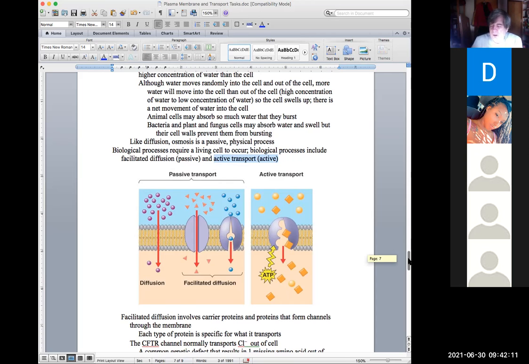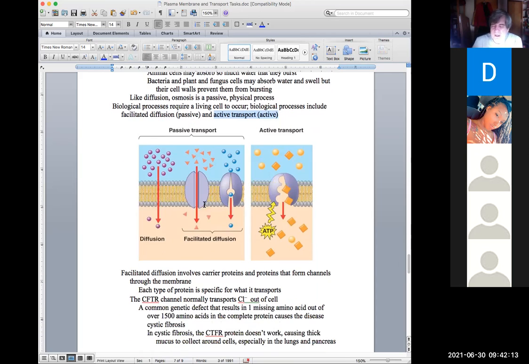So let's think first about facilitated diffusion. So in regular diffusion, we have some kind of particle, and that particle can just pass through the plasma membrane. It can move from one side of the plasma membrane to the other side. Now, the big thing that's a benefit of diffusion is diffusion doesn't require the cell to use any energy.